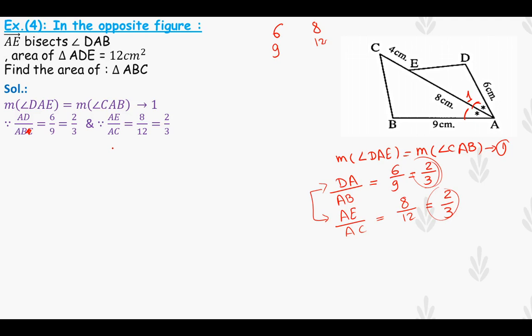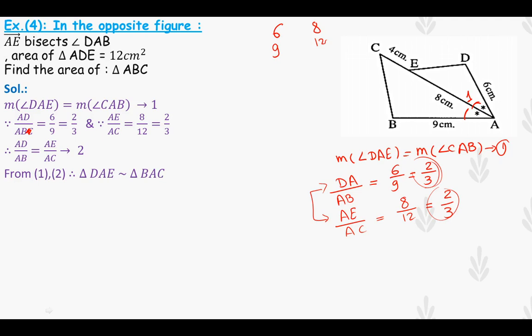And AE over AC equals 8 over 12 equals 2 over 3. Here we can find that AD over AB equals AE over AC. This is number 2. The corresponding sides are proportional. From 1 and 2, therefore, triangle DAE is similar to triangle BAC.